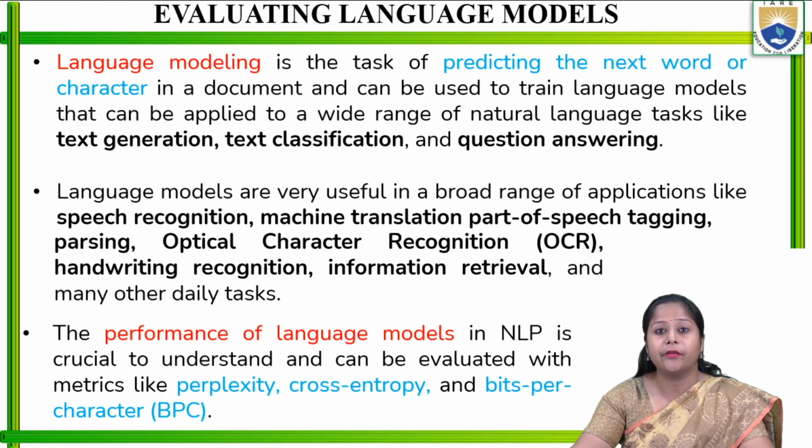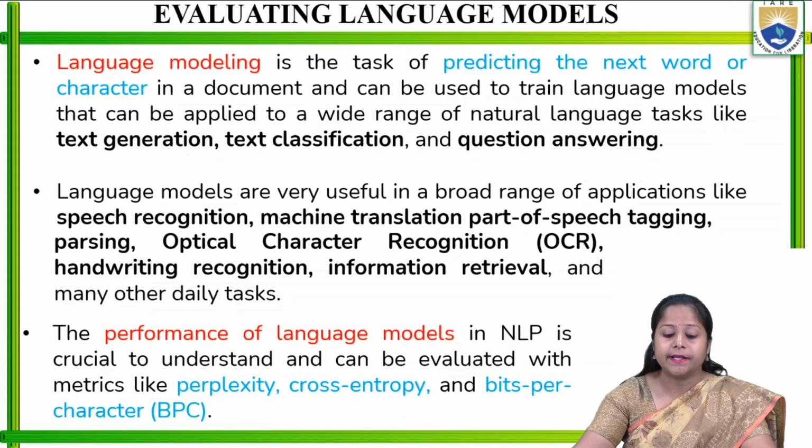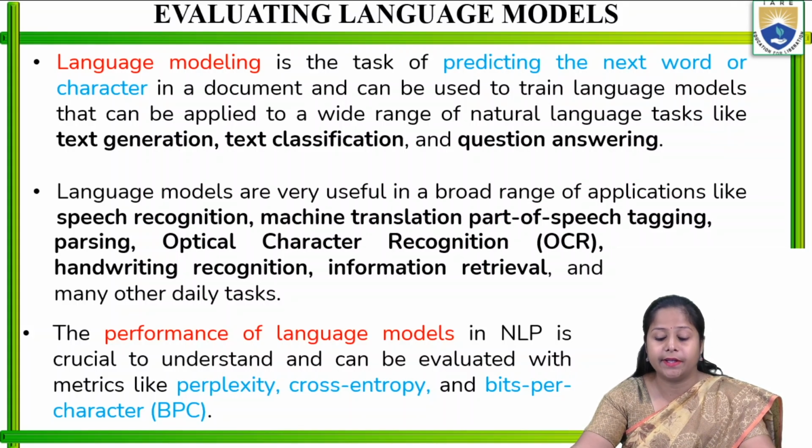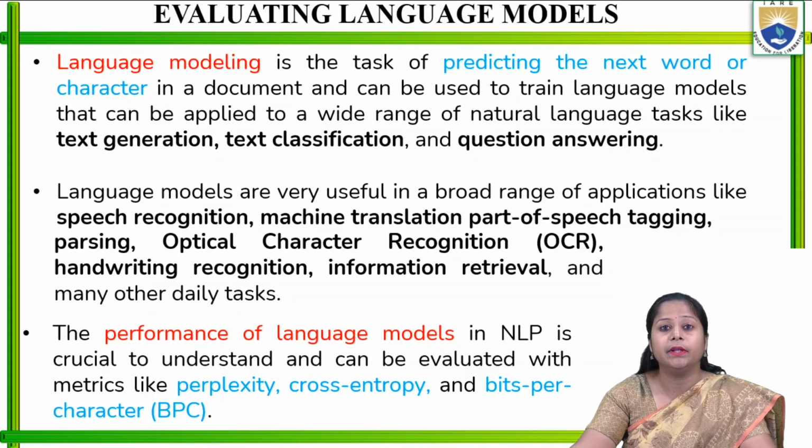How to evaluate different language models? Language modeling is the task of predicting the next word, or we can say the character or letters, in a document. That can be used to train the language models, and it can be applied to a wide range of natural language processing tasks. Basically, in every natural language processing task, the language model will be applied.